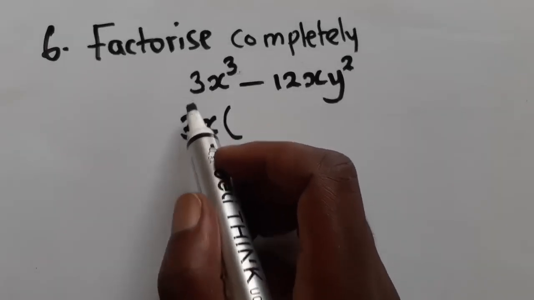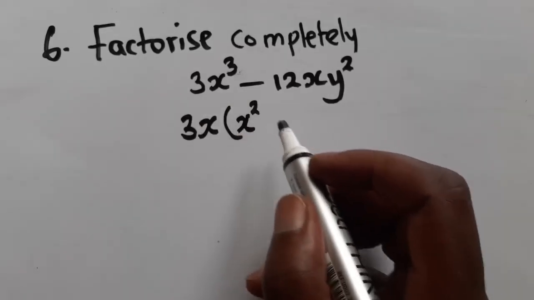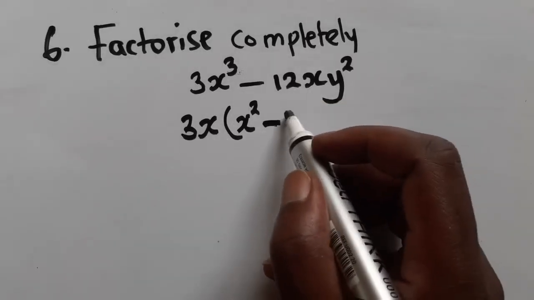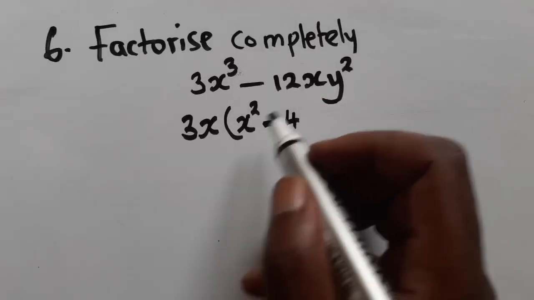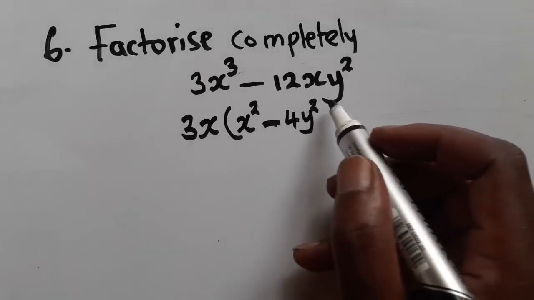Now here when we remove 3, and x is outside, we remain with x squared minus 12 divided by 3, we get 4, and since this x is outside, we remain with the y squared.